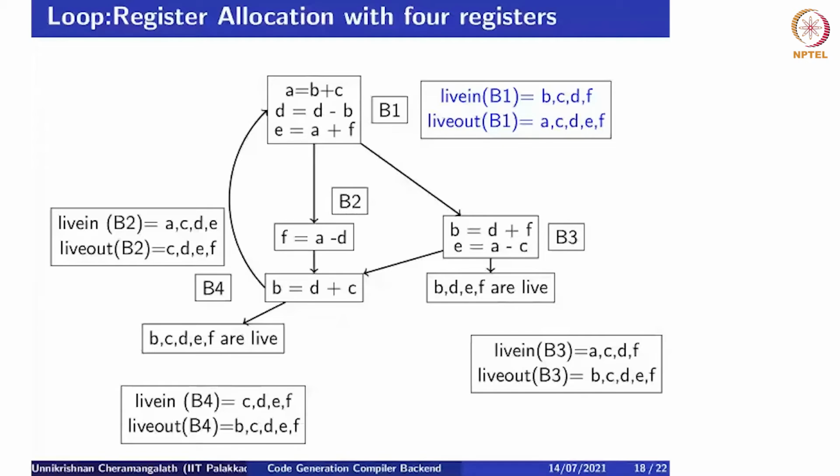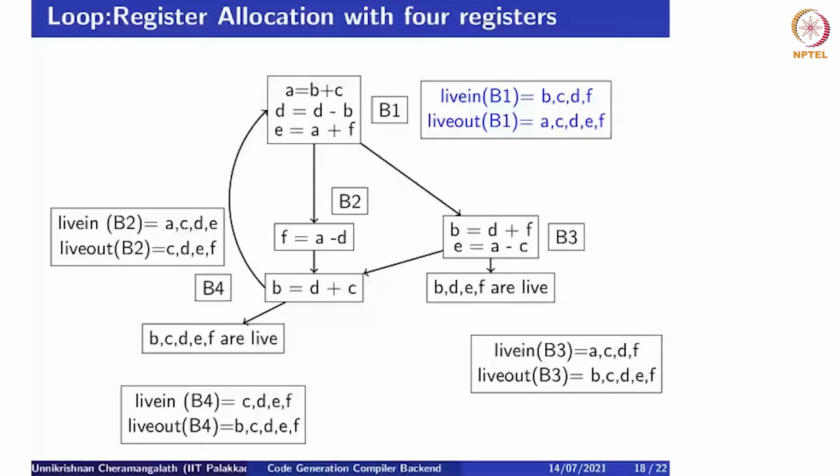D. So what is the value that you have found for D? I didn't calculate it. But you can see that D is defined and it's live on exit. So here you have a benefit of 2. That is live out of B1, D is defined, so it will have a value of 2. And there is one use here, one use here, and one use here. So is it 5 or 6?